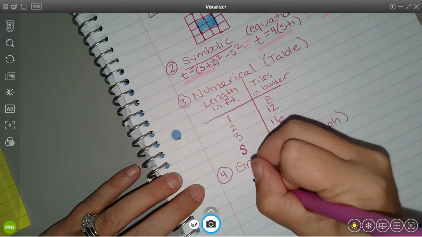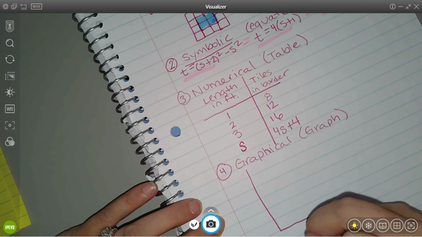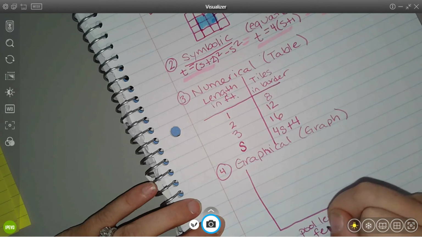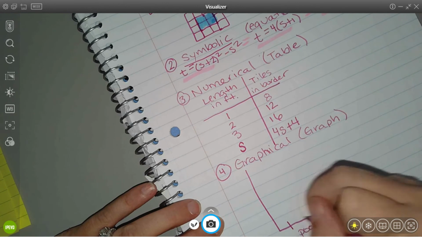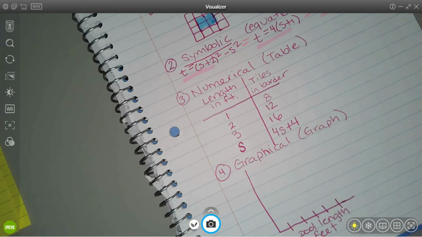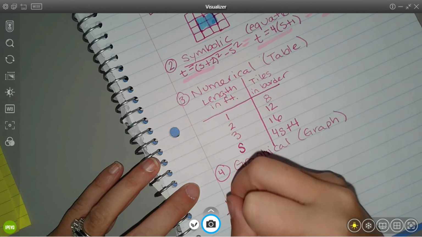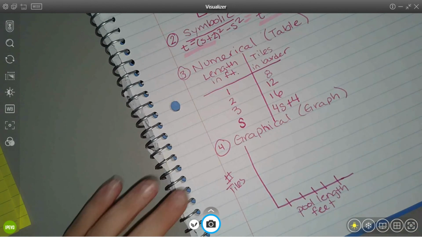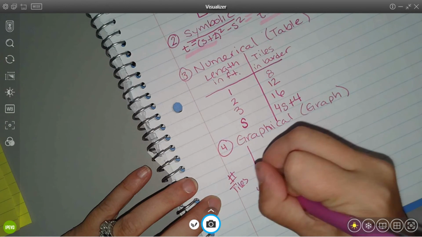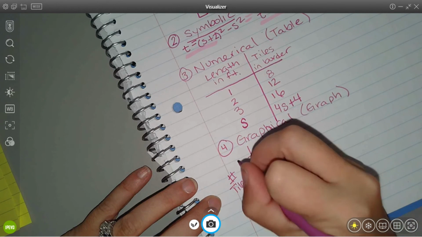So here I'm going to show you, we've got a graph where we said the pool length in feet, and we'll call it 1, 2, 3, 4, 5. And we've got the number of tiles on this side, and we're going to call this 2, 4, 6, 8, 10, 12, 14.